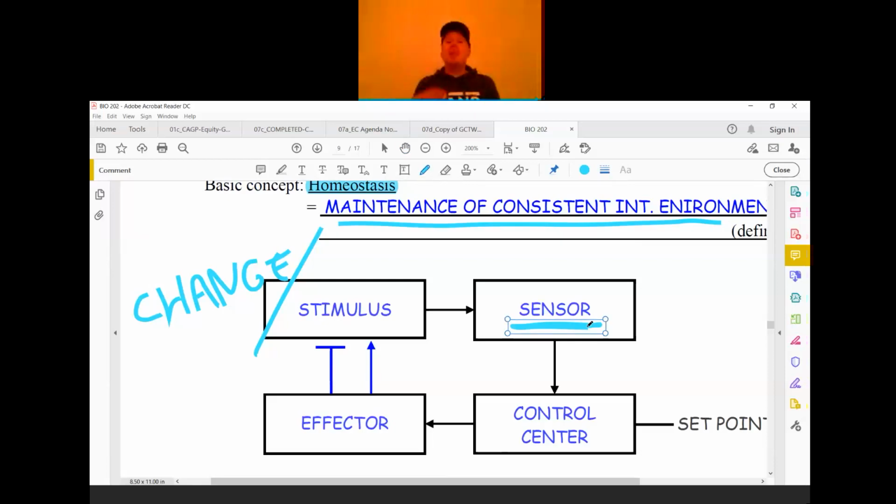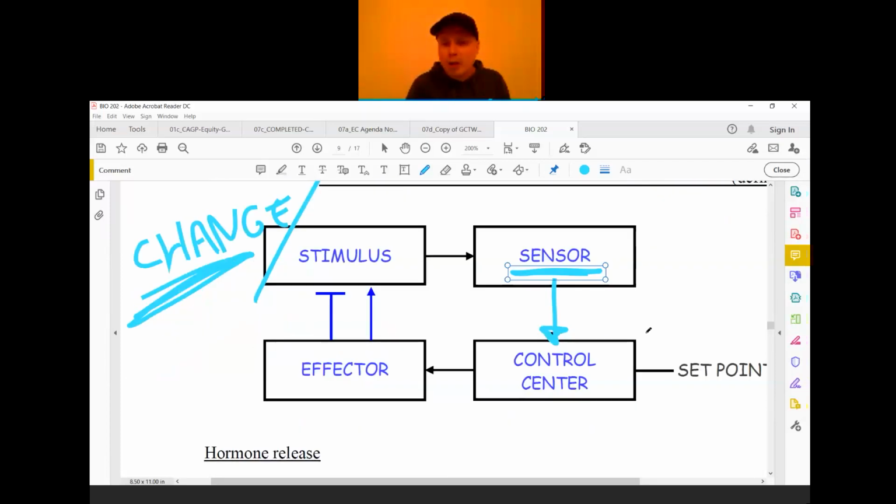Sensors can be many different kinds, but what they do is constantly screen: is there a change from normal? If there is, they send a message to the brain, which is typically the control center in humans and many other animals. The message gets passed to the control center. The sensor itself doesn't do thinking. It simply detects something and triggers an action potential to the brain.